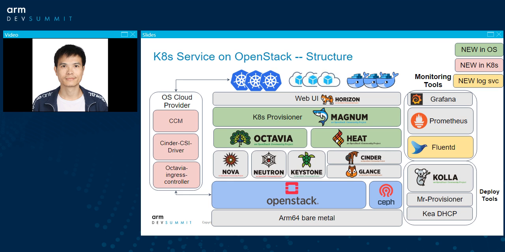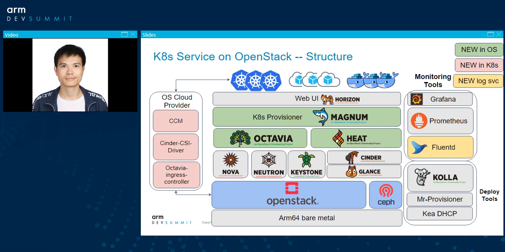In the middle, as you can see, we mainly use the Magnum project to build the Kubernetes service, which utilizes Heat to create infrastructure resources such as VM and network, and Octavia for the load balance service.